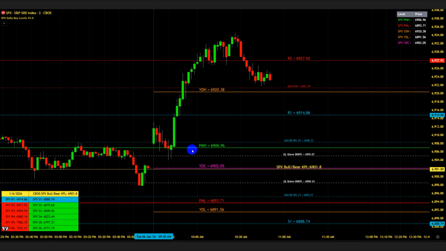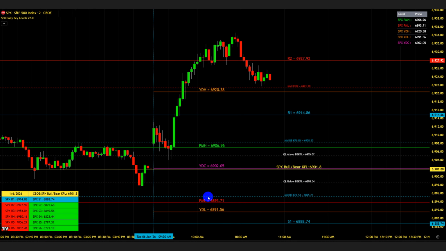Here we have the PMH level in confluence with the mid BBKPL R1 level. We have the YDC level in confluence with the bull bear key price level. And we have the PML level in confluence with this particular mid BBKPL S1 level.